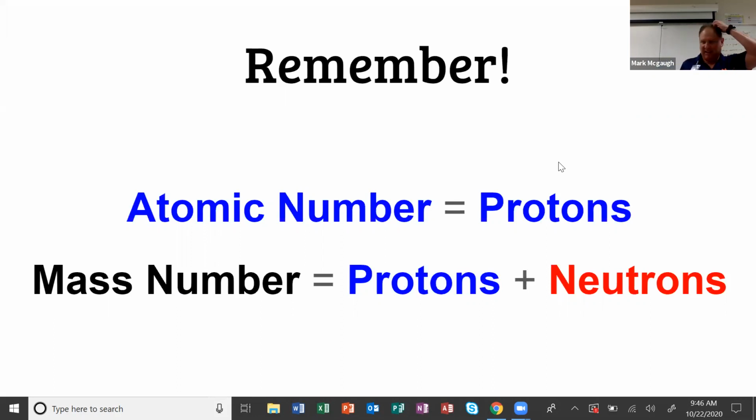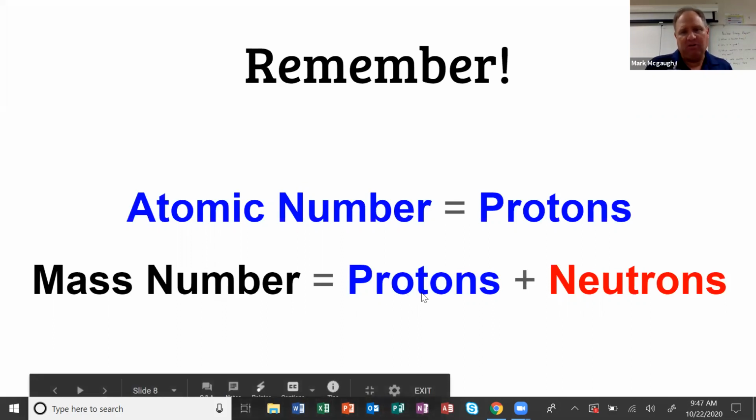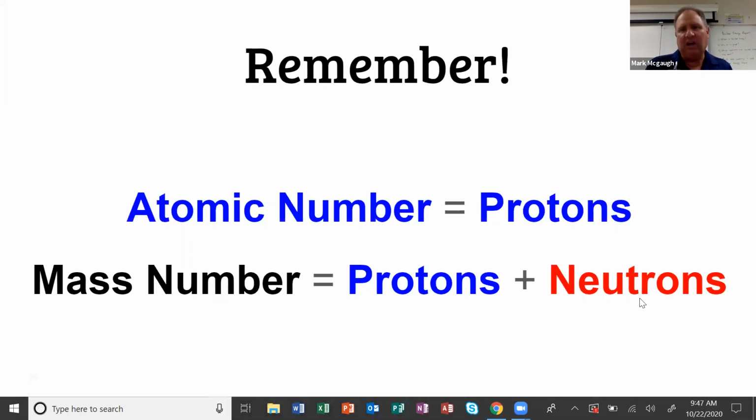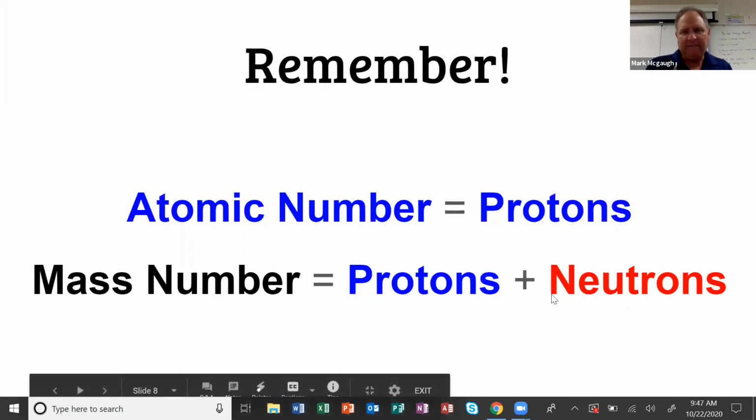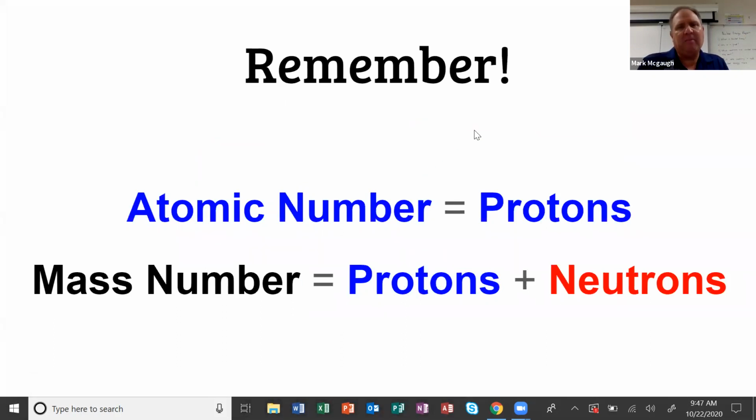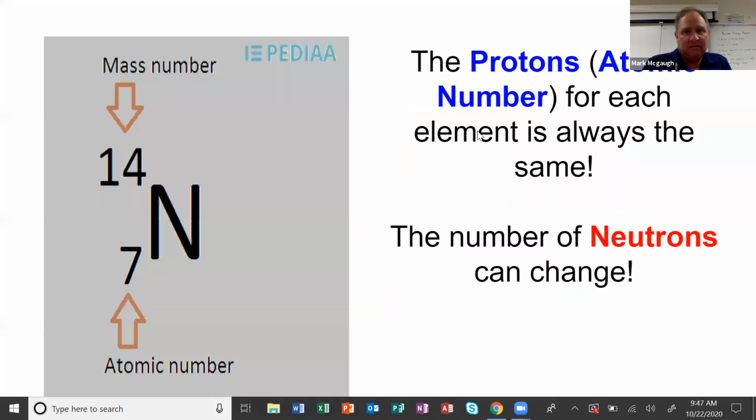They mean the same thing. The mass number is the protons plus the neutrons. Okay? Protons plus neutrons is the mass number. You just need to know that. For every element, the number of protons, the atomic number, this number down here, doesn't change. It's always the same. That's why on the periodic table, the elements are listed by increasing atomic number.